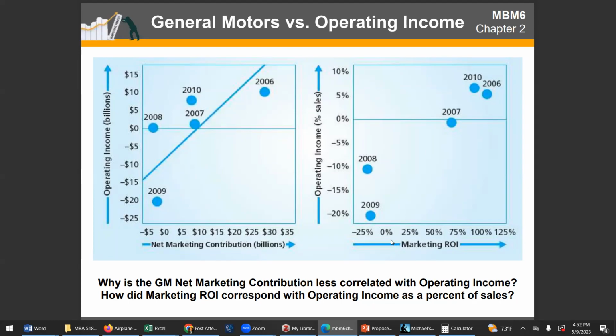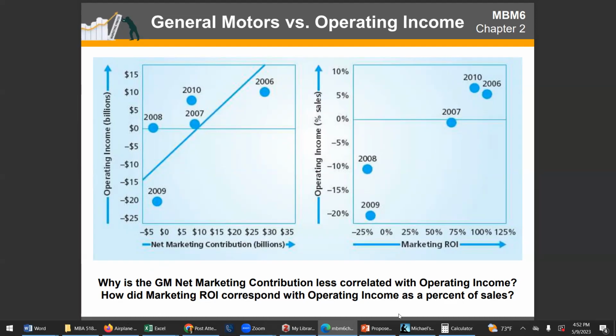And you can see if we look at marketing ROI and operating income that again, we started out in 2006, then we went down to 2007, we went down 2008, then we went way down to 2009, then we went up in 2010. So the question is, why is GM's net marketing contribution less correlated with operating income?